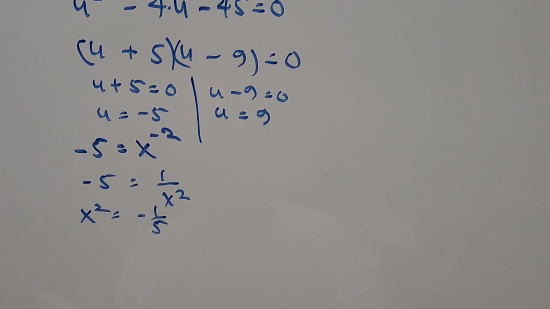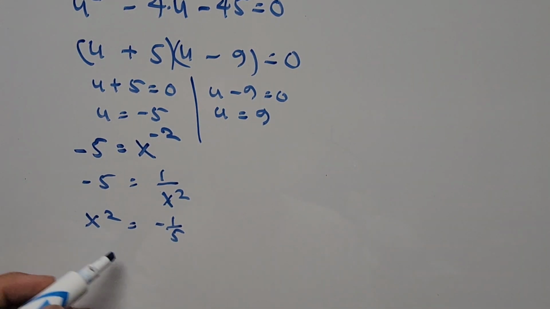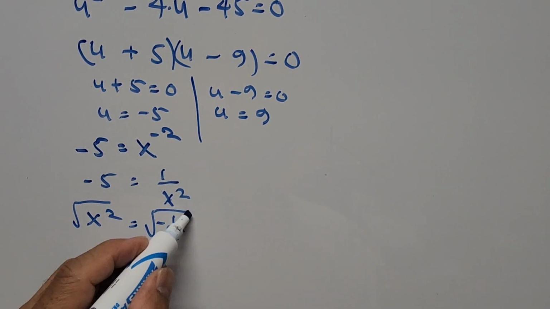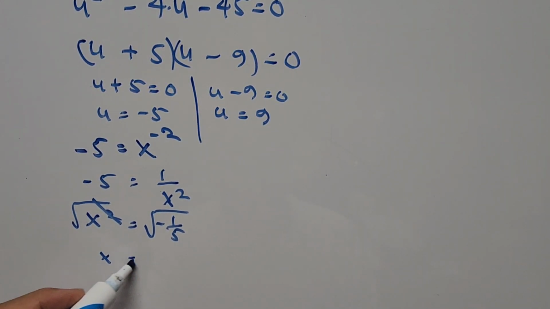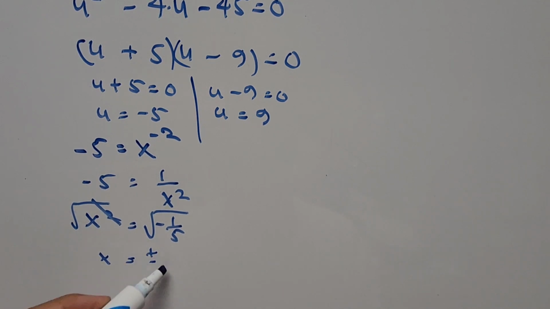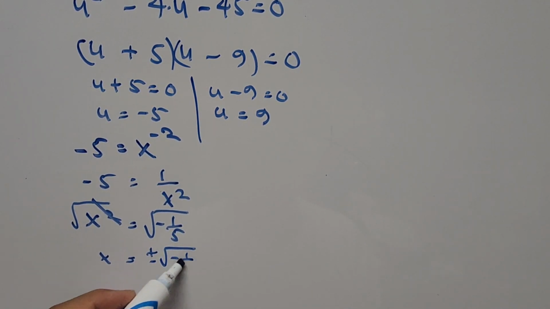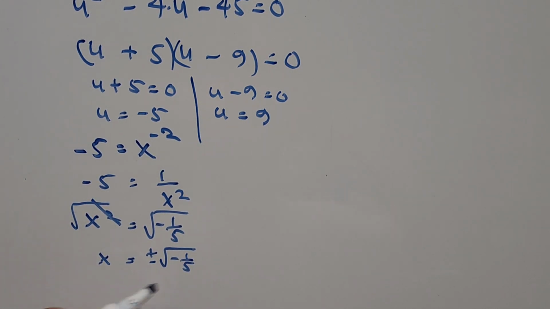Since the right-hand side is negative, we'll be getting a solution in complex form, right? Taking the square root of both sides to get the value of x, this cancels. So we have x is equal to plus or minus the square root of negative 1/5. In here, we'll be getting complex values of x, since this is negative 1 over 5.